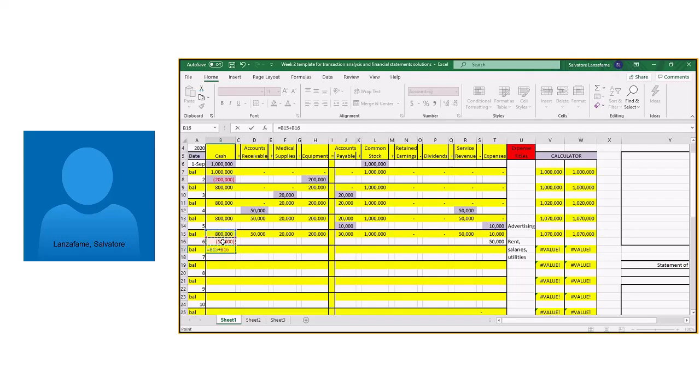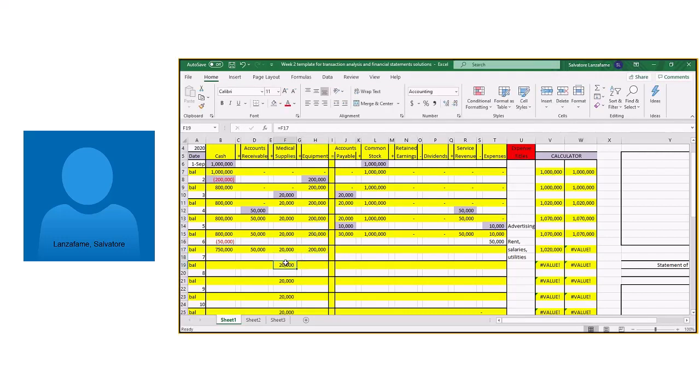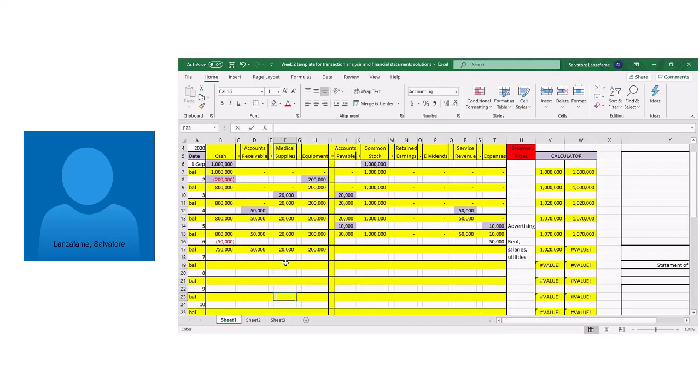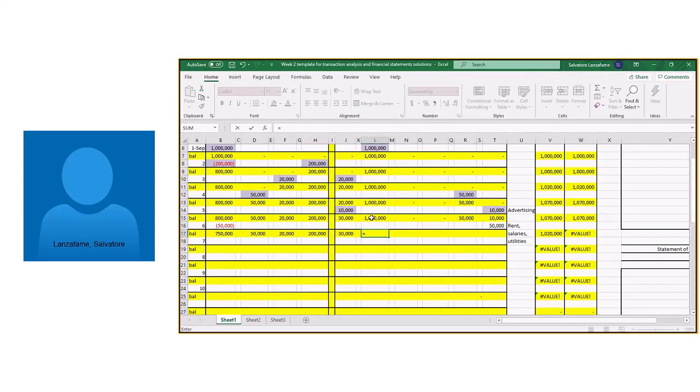Okay, so our balance now in cash is $750,000. These other assets did not change at all. Let me get rid of these. Our debt still remains at 30 grand. Still have $1 million worth of common stock. Retained earnings 0, dividend 0.